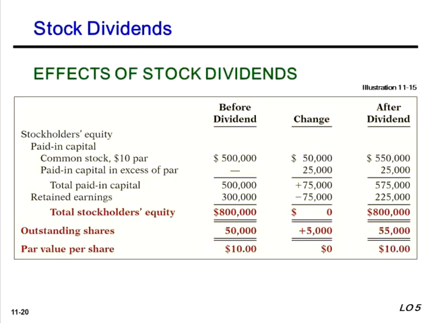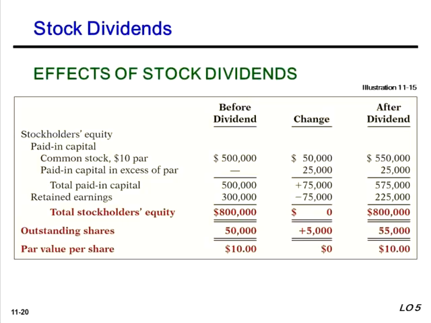Then as a result of the journal entry that we made, we increased the par value by $50,000. So now after the stock dividend, we have common stock of $550,000. Also, as a result of the dividend, we increased paid-in capital in excess of par by $25,000.